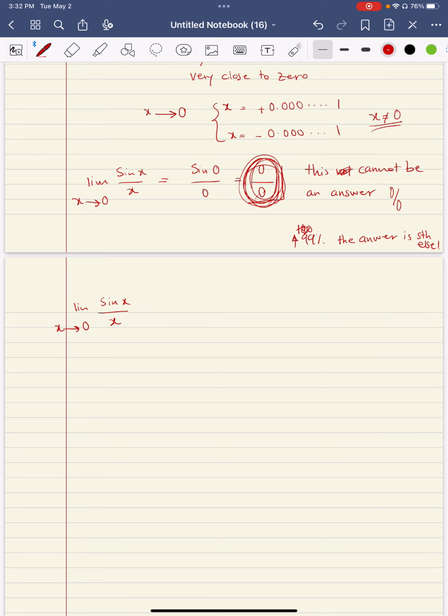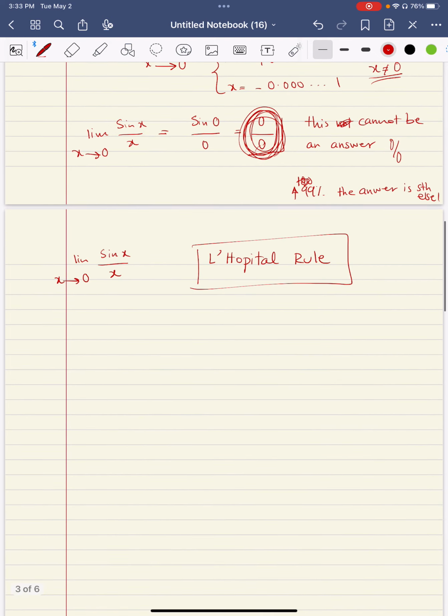I want to let you know a rule that you can use for this limit and similar limits, L'Hopital's rule. But what is this rule and when can we use it? Whenever in limit questions you get to 0 over 0, you can apply this rule.